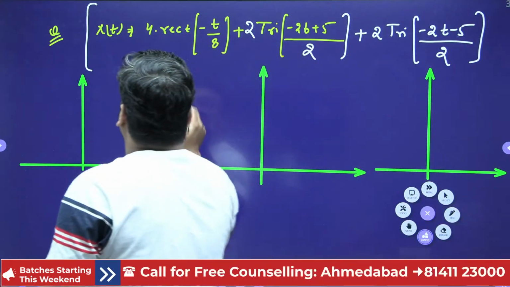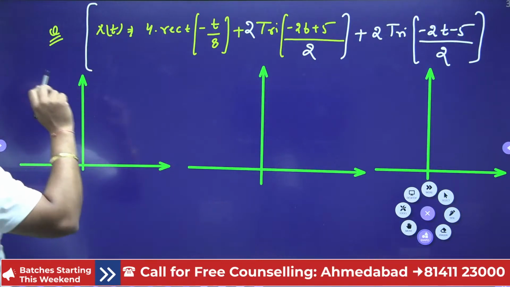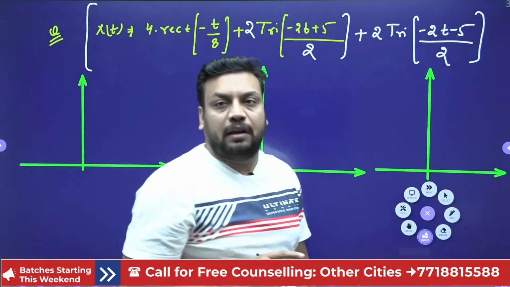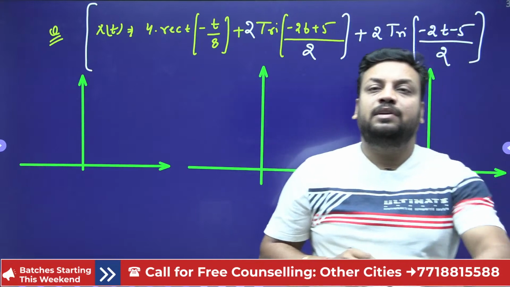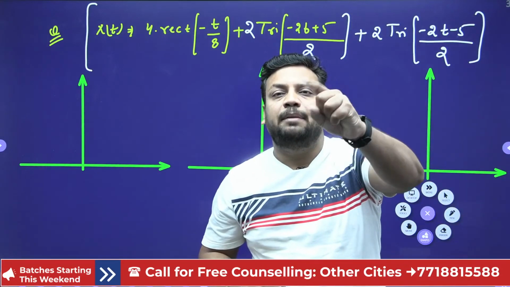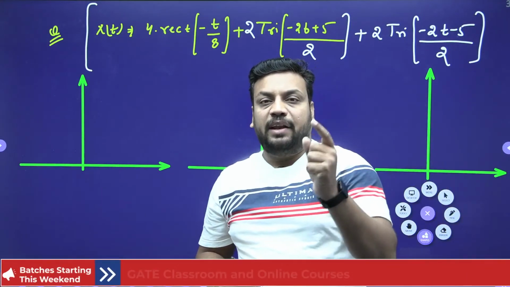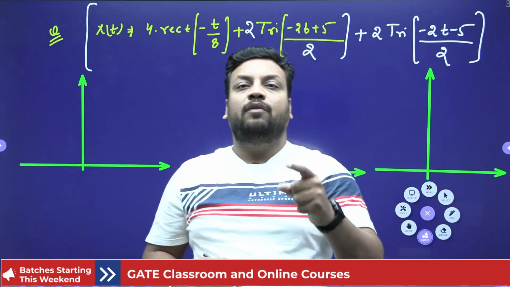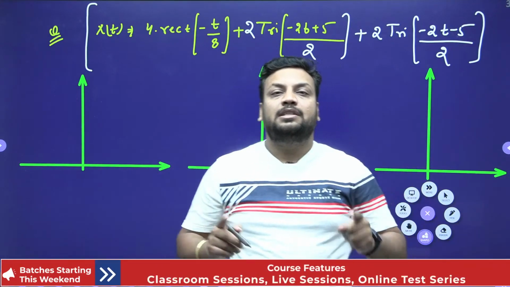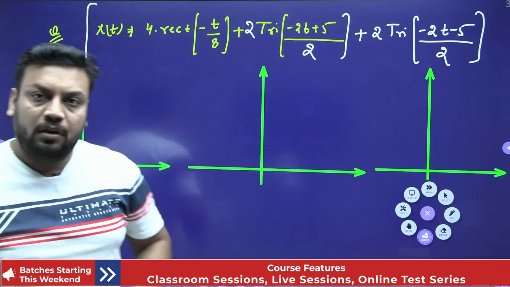Chali. So 4 rectangular of minus t by 8: because the rectangular function is an even signal, we can directly discard the time reversal operation. Whenever the signal is even, it is always independent of the time reversal operation. Is it clear to you?